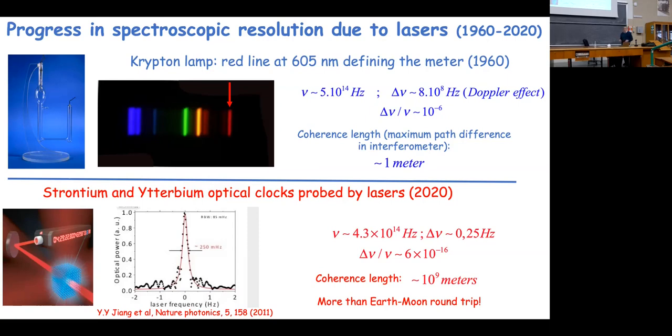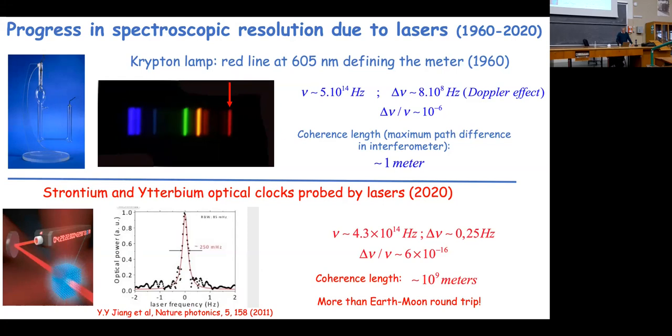So I will say more about the way these lasers are stabilized. I will be talking about optical clocks in a couple of weeks. But I just wanted to give you an idea of the huge progress which has been made with light sources when you go from the best classical lamp, which could be used in the 1960s, to the best lasers that we can use today.